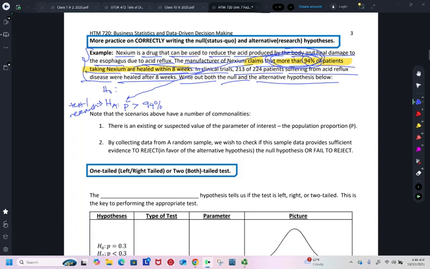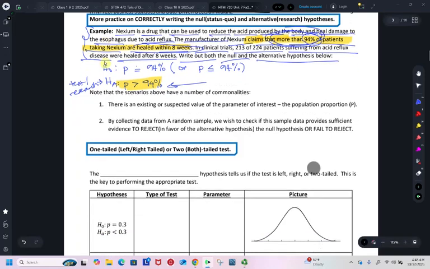We would like to test that claim, if that is what they are claiming. Well, if that is true, then the null hypothesis would be the opposite of the alternative hypothesis. That would be equal to 94%, and in this context, we can also write less than or equal to 94%, since the alternative hypothesis has positioned itself to test that the proportion is greater than 94%.